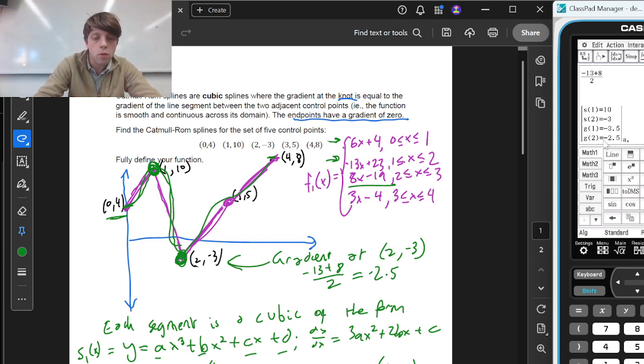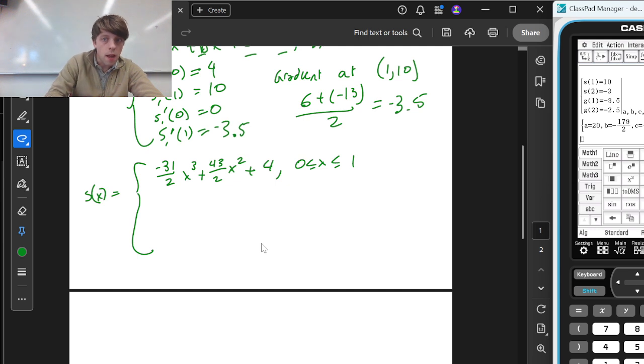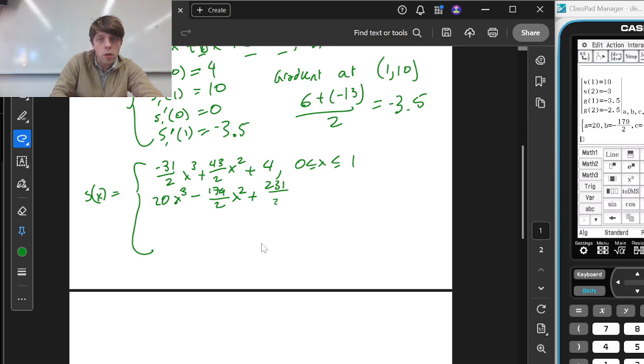And once again, we're solving for A, B, C, and D. Hit enter, and it gives us some big numbers. That's fine. We'll just type them in. So we've got 20x cubed minus 179 over 2 x squared plus 231 over 2 x minus 36, and that's going to be defined from x equals 1 up to x equals 2.